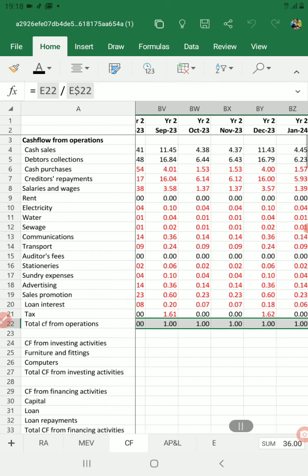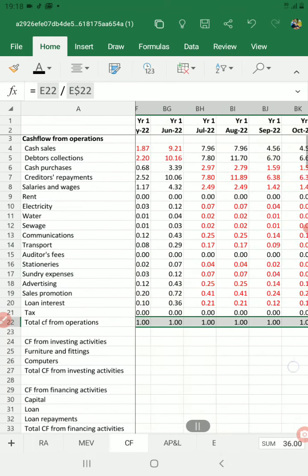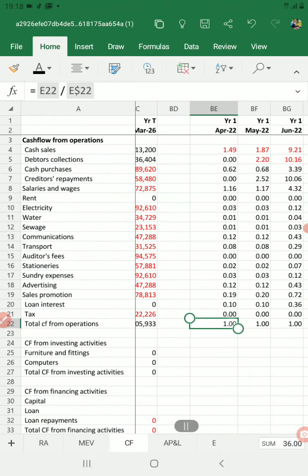So total cash flow from operations is 1, as you can see, and here we say cash sales, the multiple. Let's talk in terms of absolute values here, because this negative one, as we've seen, is a product of dividing a base figure that is negative with a positive cash figure.